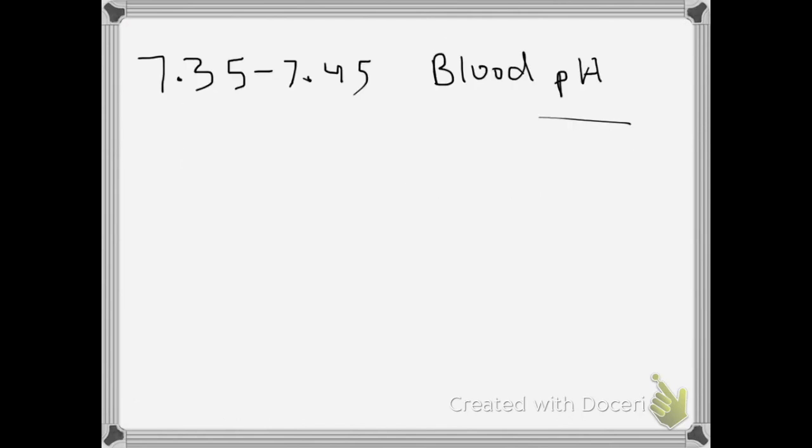Let's differentiate acids and bases. We'll probably stop after that and do another video. So acids and bases. There's a few different ways to look at acids and bases, a few definitions.